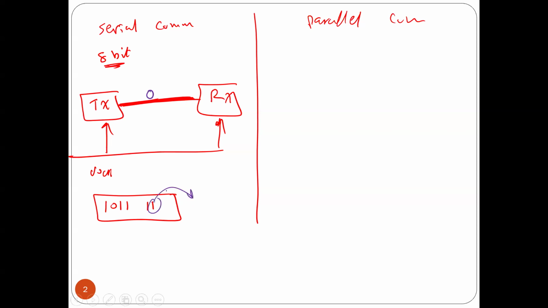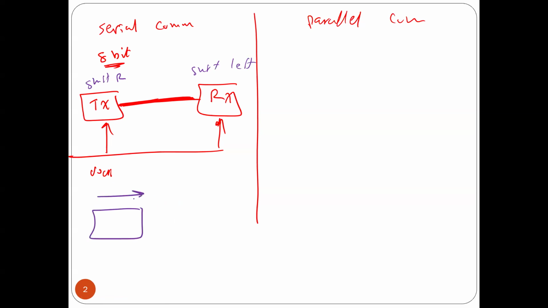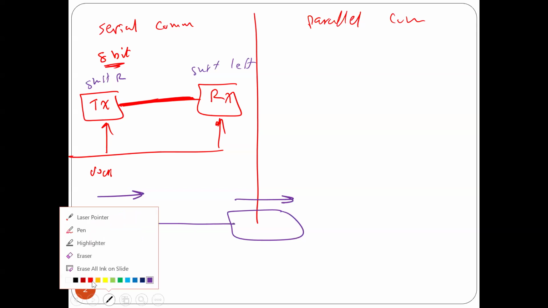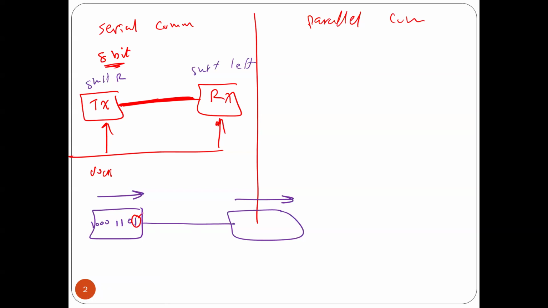In order to implement this idea, I need a shift register. There should be a shift right here, and a shift right here as well. For example, if you have 10110001, any number, and we have a wire here. After one clock, I put 1 here, and then you input it here.